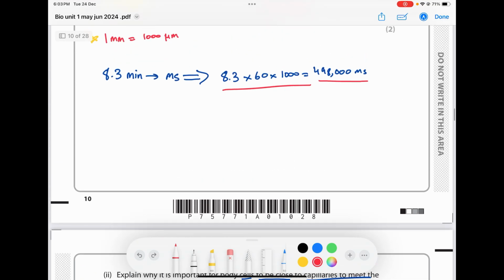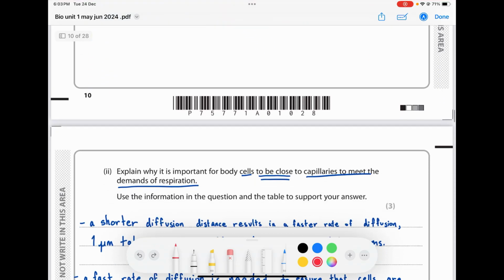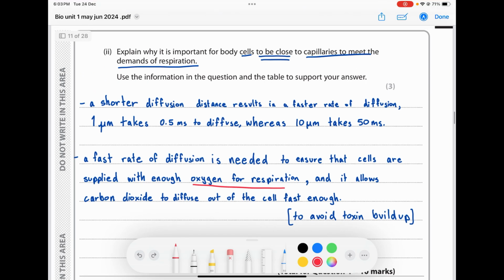As we can see in the table, 1 micrometer takes 0.5 milliseconds and 10 micrometers takes 50 milliseconds, which is a little too late to meet the demands of respiration, right?